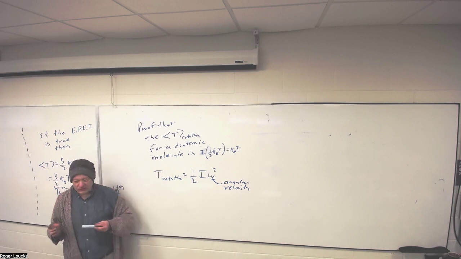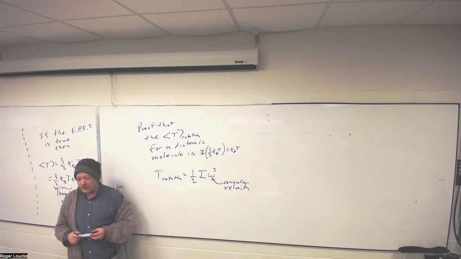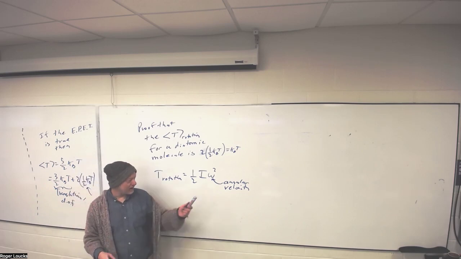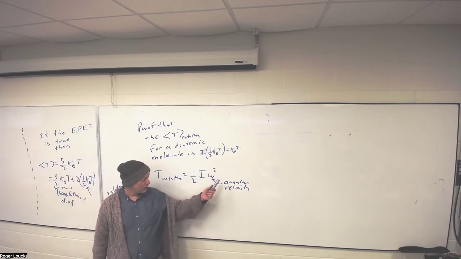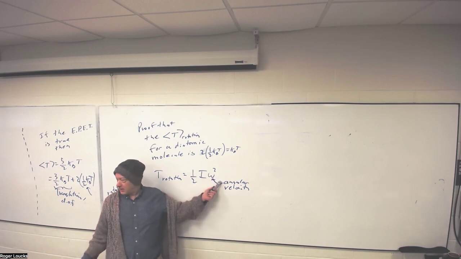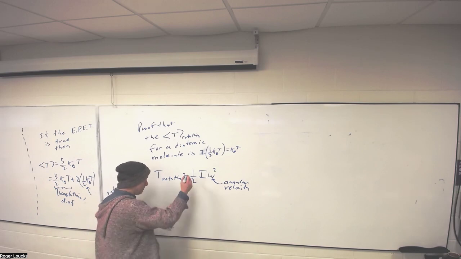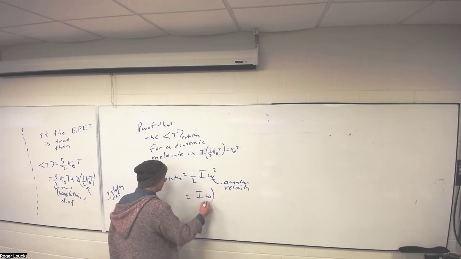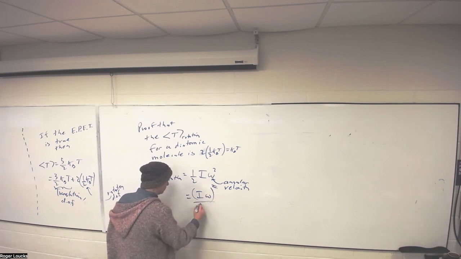Consider that, isn't there something like angular momentum in there? Yes. How do we get angular momentum in here? I'm going to multiply this top and bottom by I. So you get I omega quantity squared over 2I.